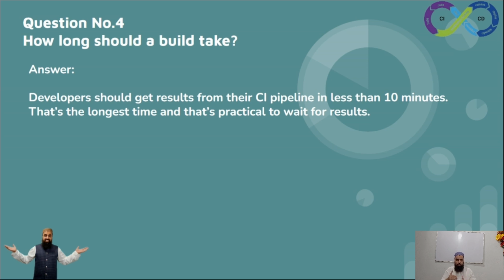After that, the build was taking less time, but for the very first time the pipeline took a lot of time. Then after fixing the errors and issues, that same pipeline was taking around 6 or 7 minutes. So you can keep in mind about 10 minutes for a build, that's the longest practical time to wait for the results.